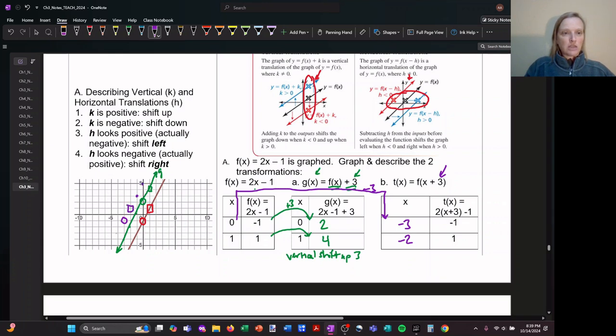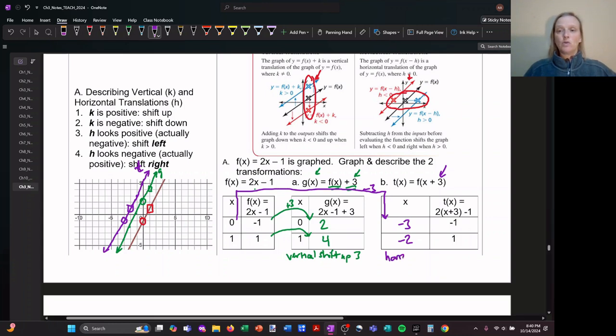And again, if I just continue the pattern a little bit to hopefully draw a better line, not a great line, but okay. This is my t function here graphed. So notice the difference between a vertical shift up and a horizontal shift to the left.